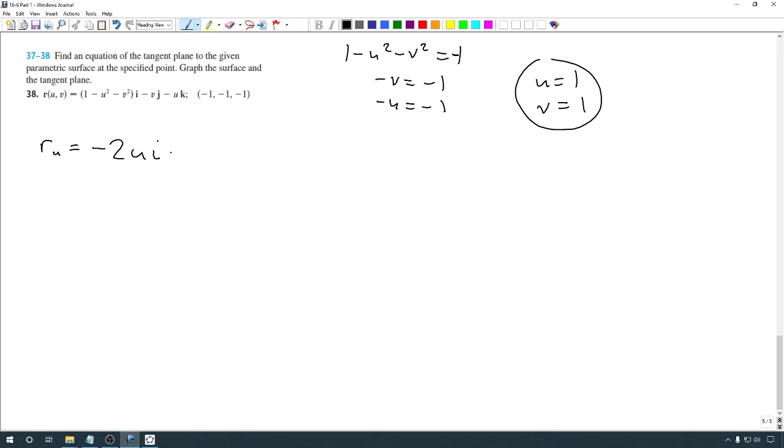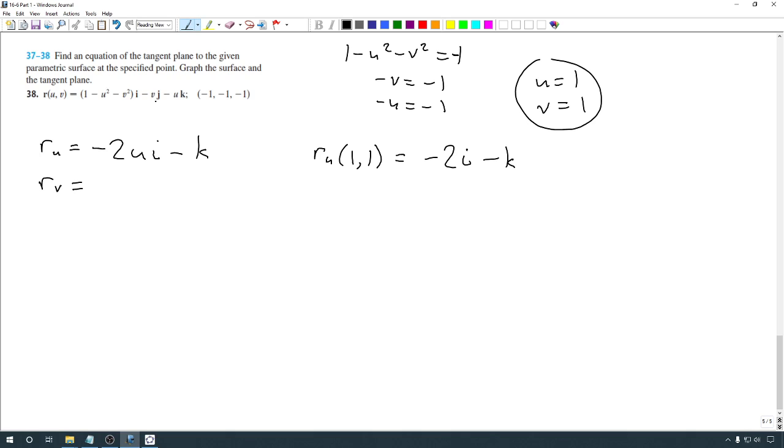The derivative of negative u is negative 1 times k. So negative 2u i minus k is r sub u, at least in general. If we're looking specifically at this particular point, we plug in 1 and 1, which gets rid of that u, and we have negative 2i minus k.